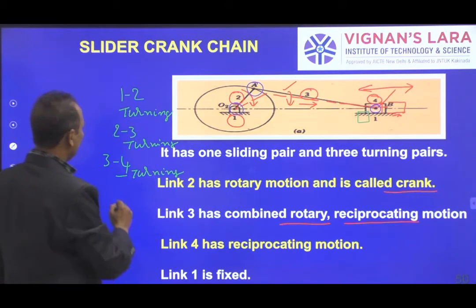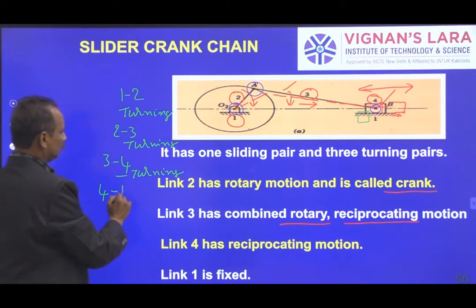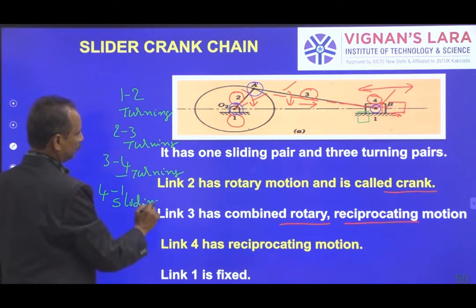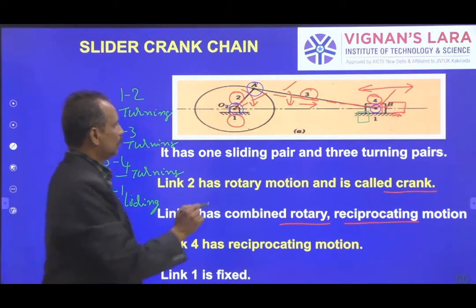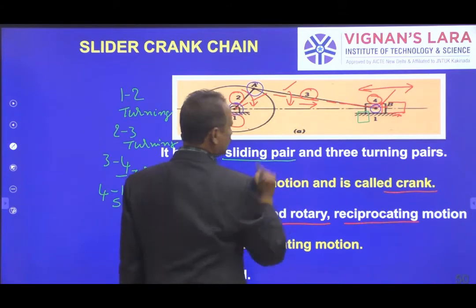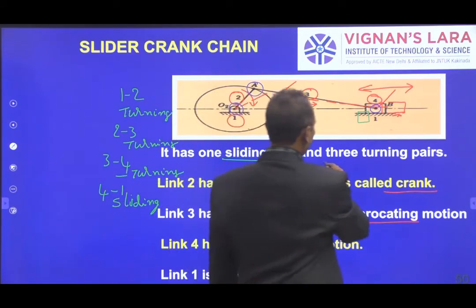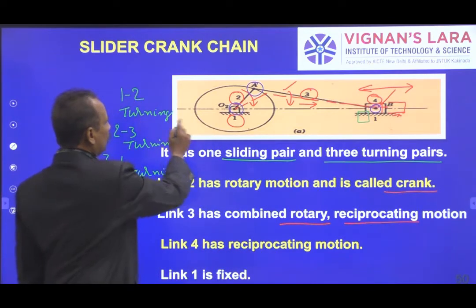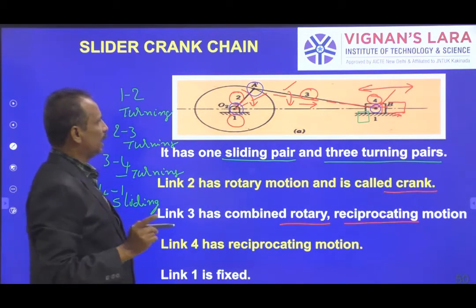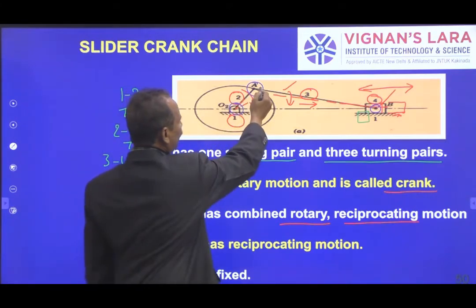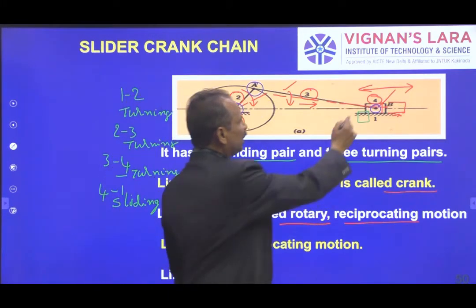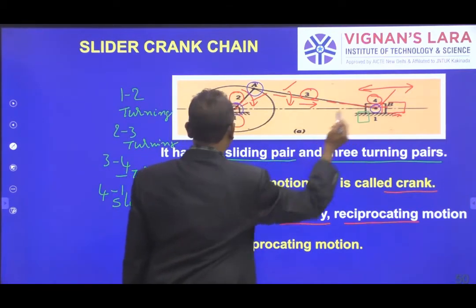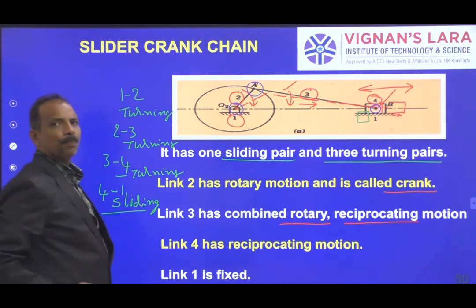Finally, 4 and 1 form a sliding pair. That is why it has one sliding pair and 3 turning pairs. You can see 1 and 2 is one turning pair, 2 and 3 another turning pair, 3 and 4 another turning pair, and finally 1 and 4 one sliding pair.